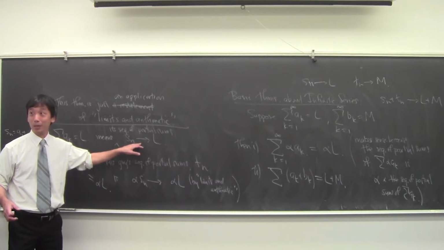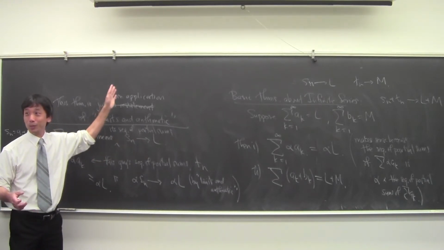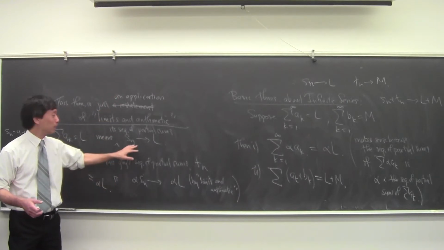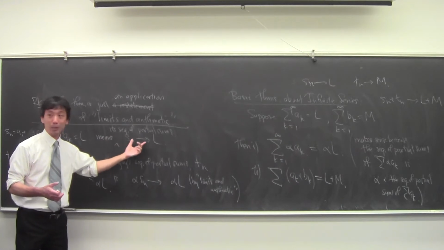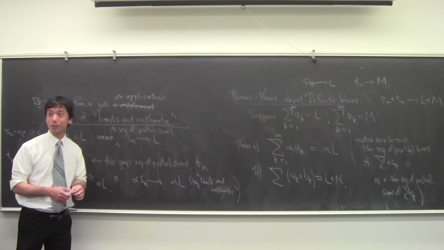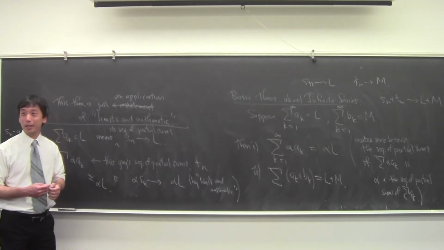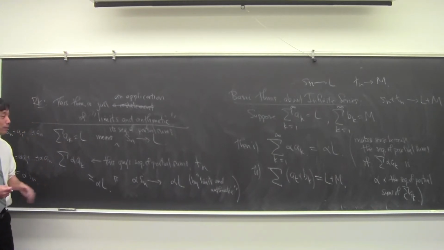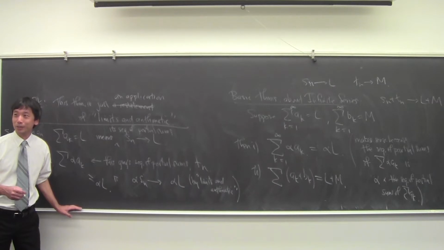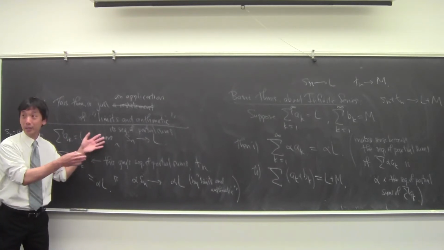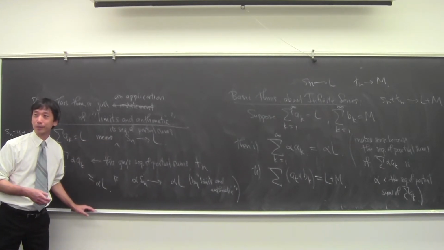Ambiguity, like the 1 equals 2 business. So what we mean by this is that the sequence of partial sums converges to L. This confused mathematicians for many years until they figured out a way to do it that didn't result in craziness.